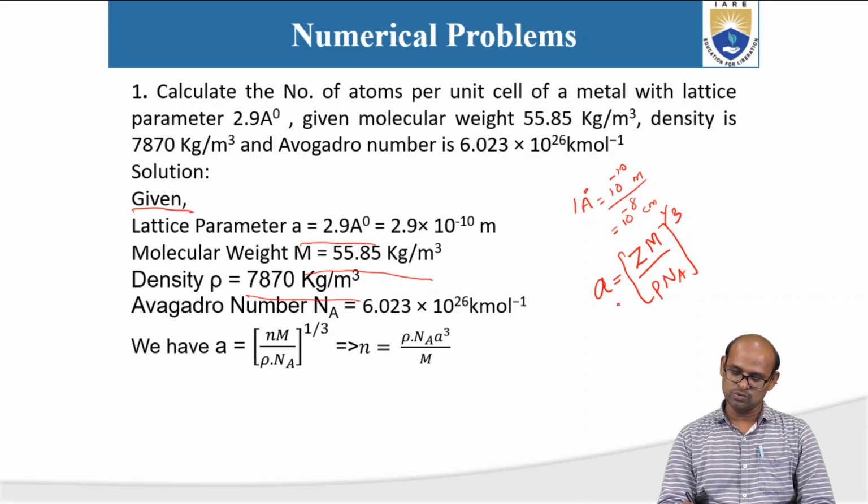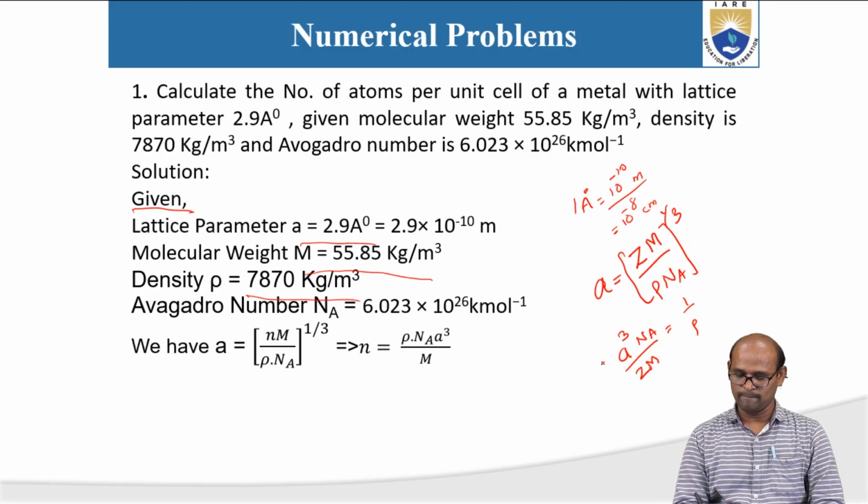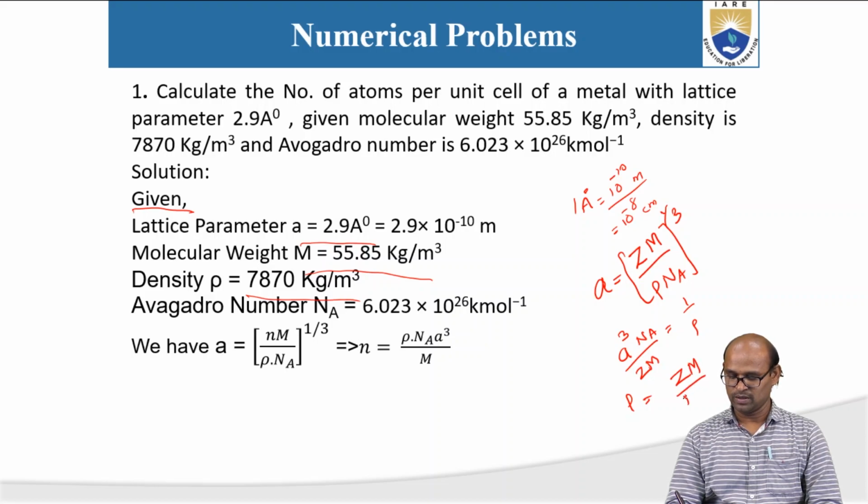In terms of rho, that will be A cube equals Z M by rho Na, so rho is equal to Z into M by Na into A cube.